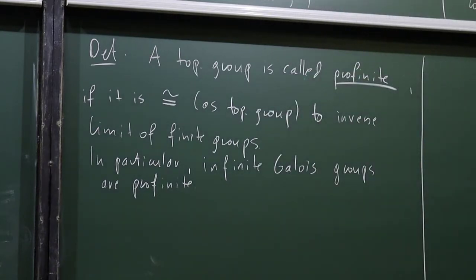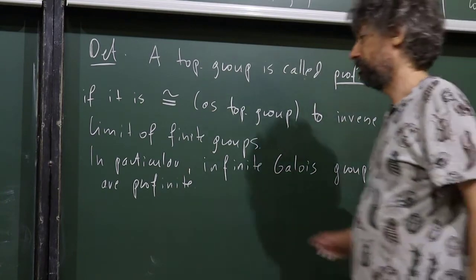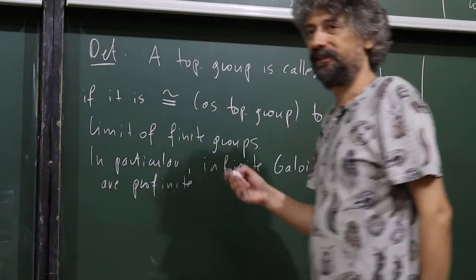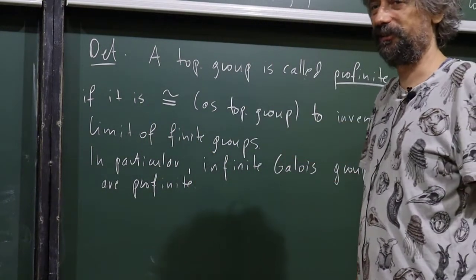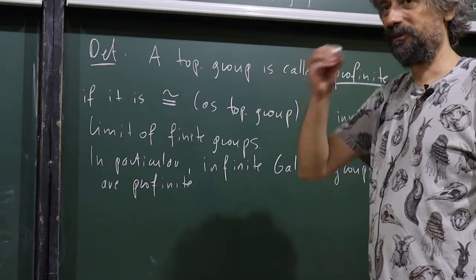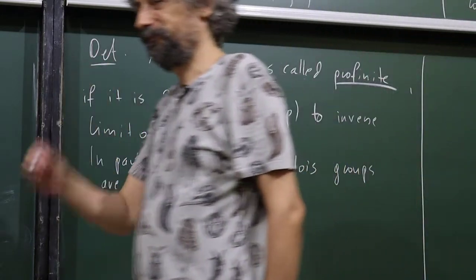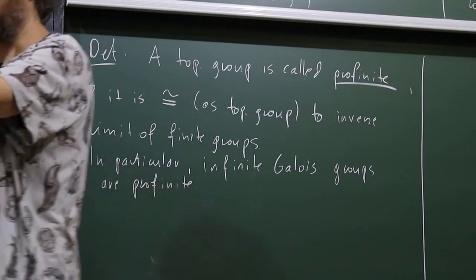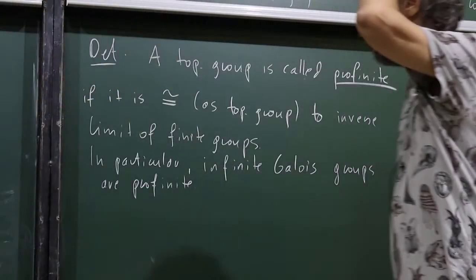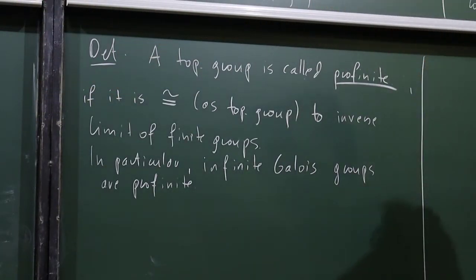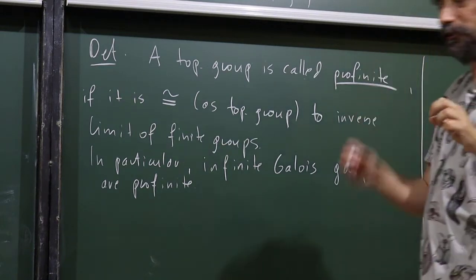Those groups have an interesting theory. For example, there are pro versions of Sylow theorems. There are pro-p subgroups, unique up to appropriate isomorphism. Many things work in this pro setting. There are profinite free groups. There are pro-p free groups.